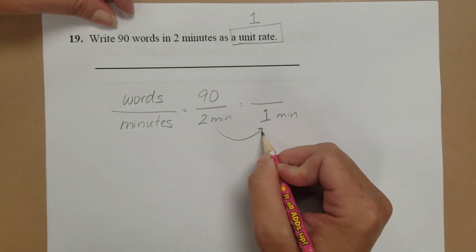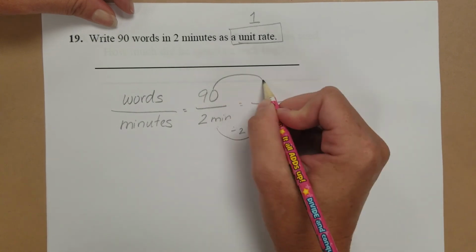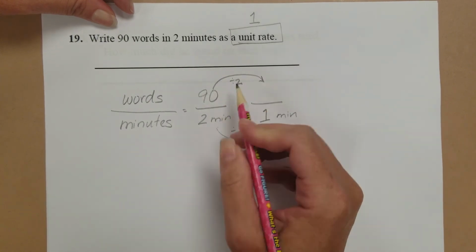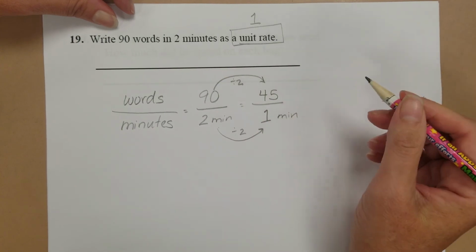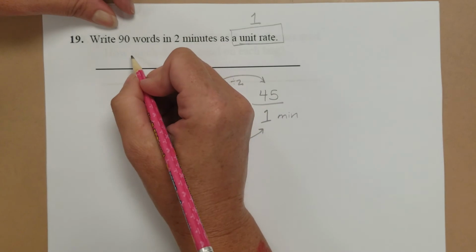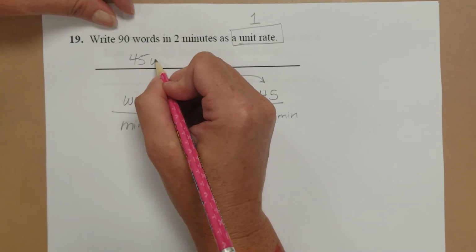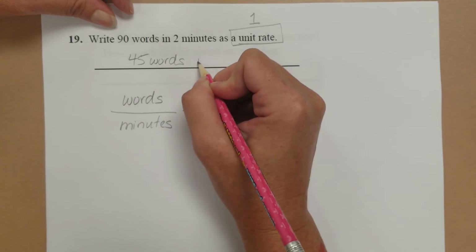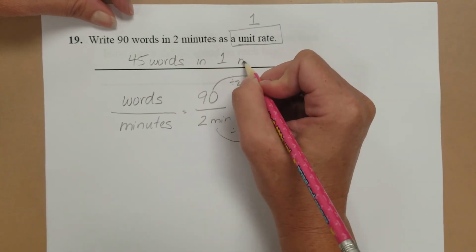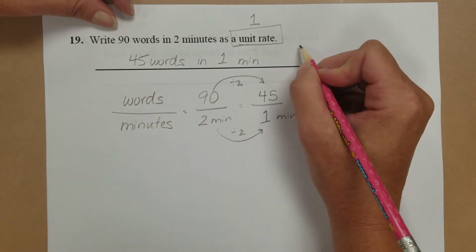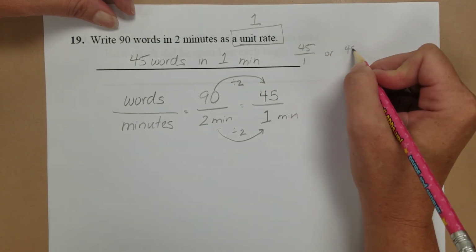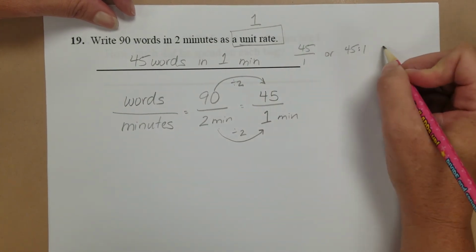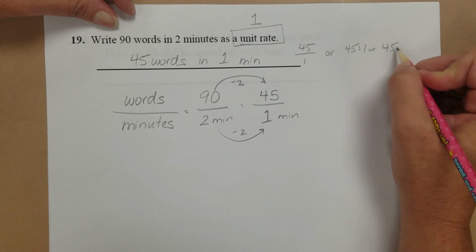So we have to divide by 2. 90 divided by 2 equals 45. So this would be 45 words in 1 minute. So you could do 45 over 1, or 45 colon 1, or 45 to 1.